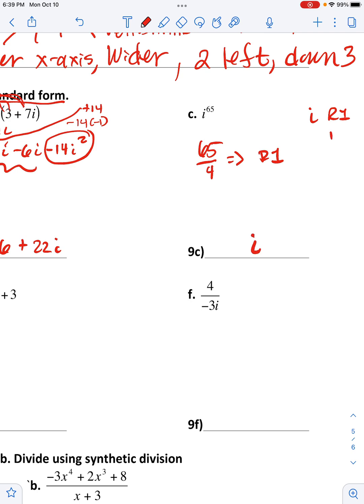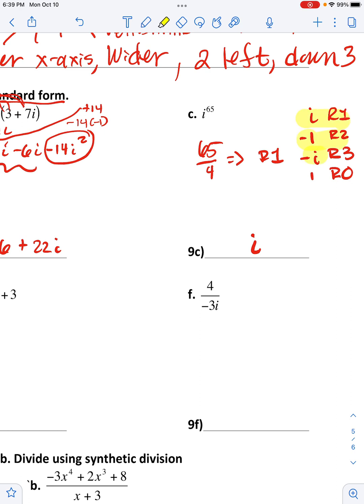Keep in mind, the remainder of 2 would be an i squared, but i squared is -1. A remainder of 3 would be i to the 3rd power, which is the previous one, which is i squared, times another i, so you'd have -i. And then when there's not a remainder, when it went in evenly, that's when it came out to be a +1.